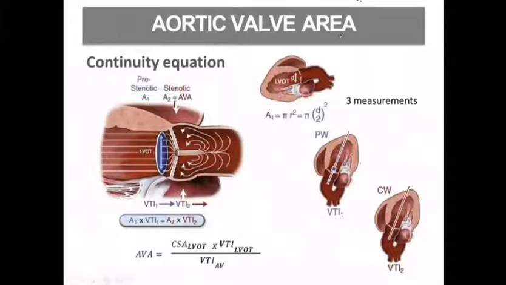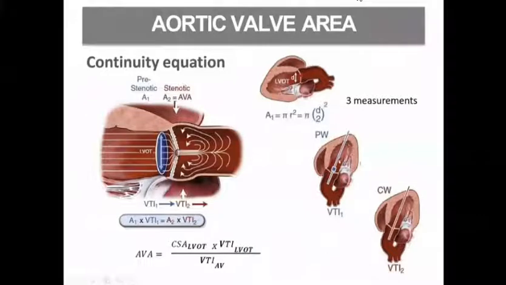So this was the very important aspect of aortic stenosis: how to calculate the valve area, because planimetry is not a good method, as Dr. Kumar has told. For mitral stenosis, planimetry is the gold standard, but for aortic stenosis, planimetry is not a good method to calculate. So you should acquire the LVOT diameter along with the VTI. How do you measure the VTI?